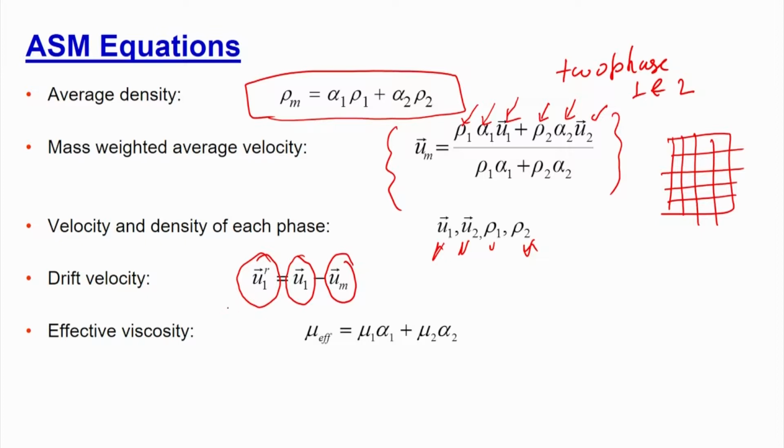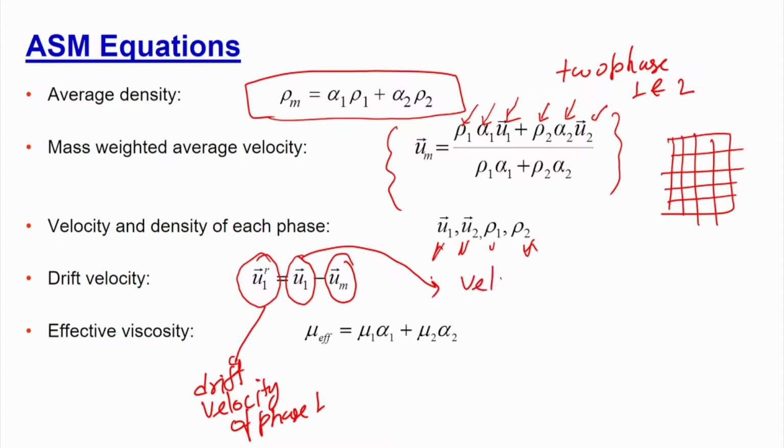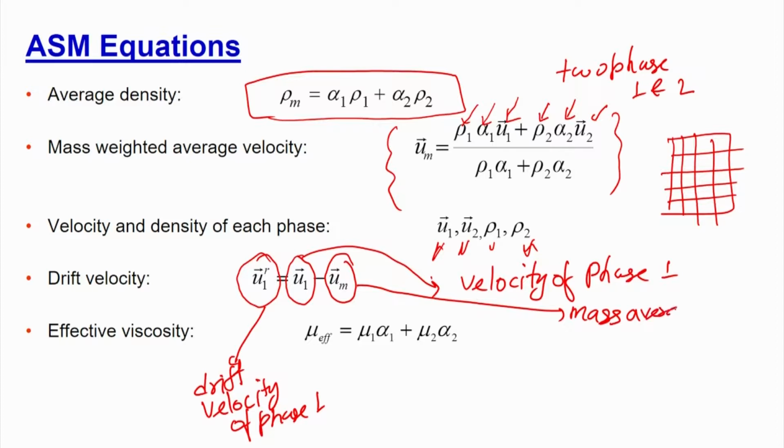So U_r means drift velocity, this is the drift velocity of phase 1, which will be equal to U_1, the velocity of phase 1, minus the mass averaged velocity of the mixture.